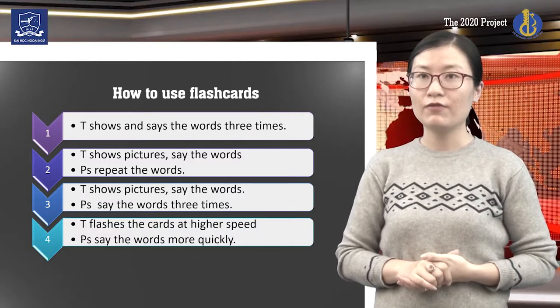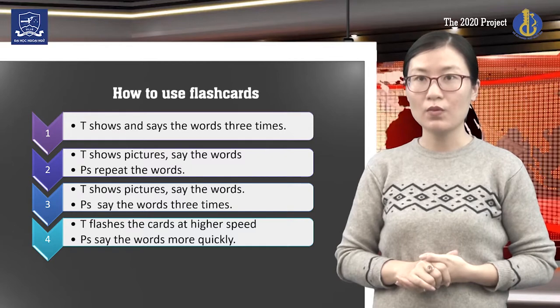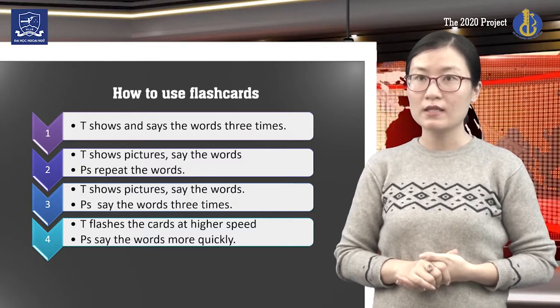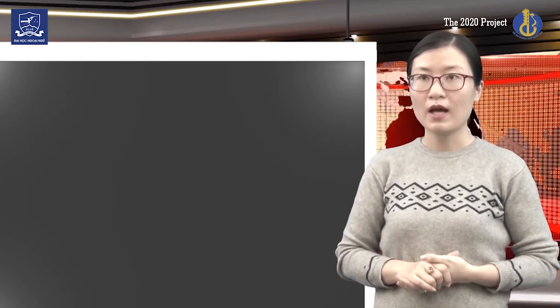Last, the teacher flashes the cards at higher speed without saying the word, and pupils say the words more quickly. Now, watch the video to see how a teacher uses this technique to present new words to her pupils.